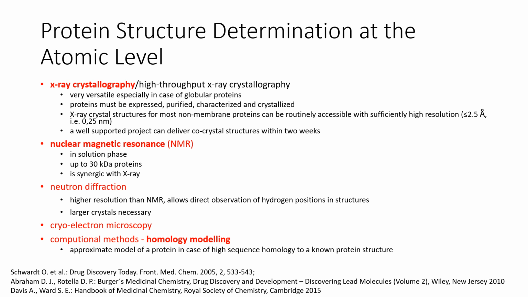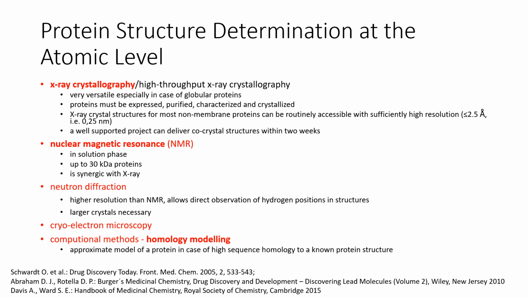The second most important method is nuclear magnetic resonance. Its advantage is the determination in solution phase. It can be applied to proteins up to 30 kilodalton, and it's synergic with X-ray. Another method that is used for 3D structure determination for proteins is neutron diffraction.